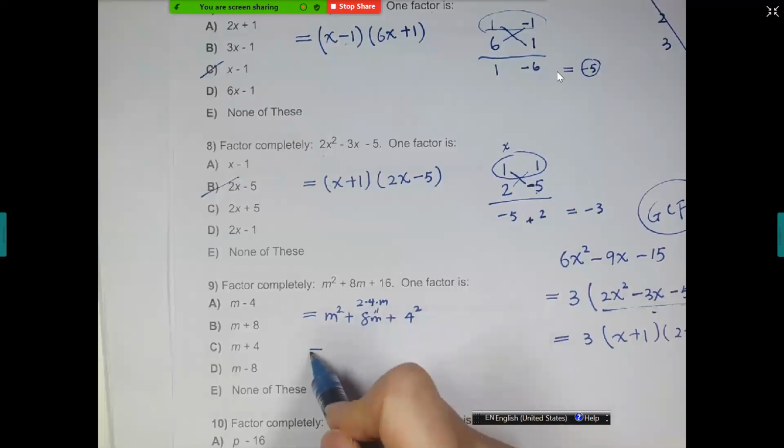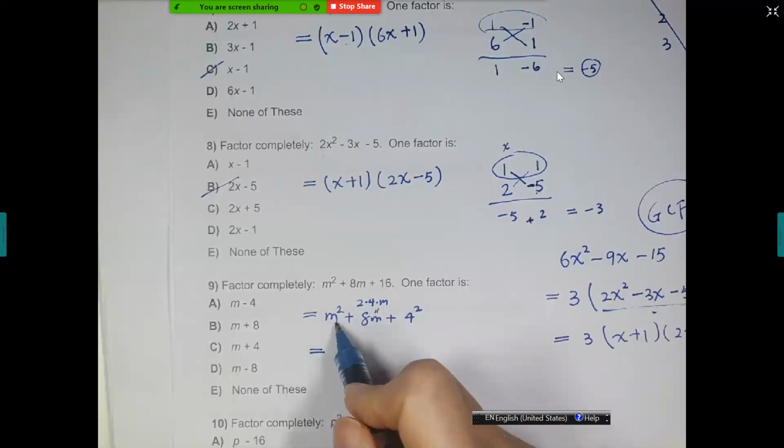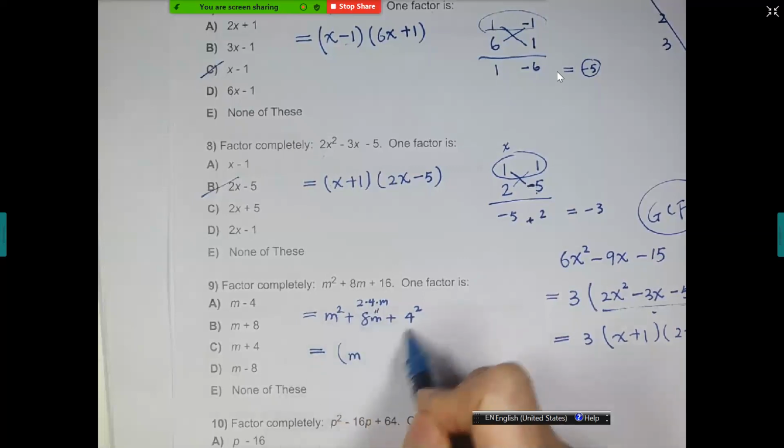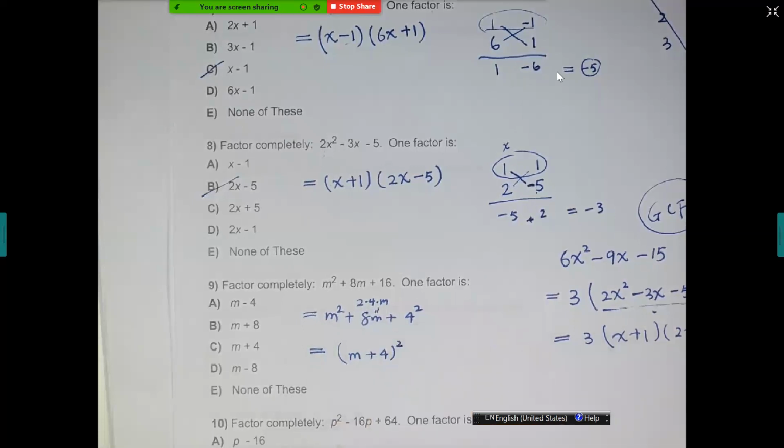And it is exactly equal to what? Put the first base and the second base 4 and put the square outside. So if you could recognize a special polynomial, the first term is a perfect square, the third term is also a perfect square, and the middle term is 2 times the product of the bases of the first and the third.